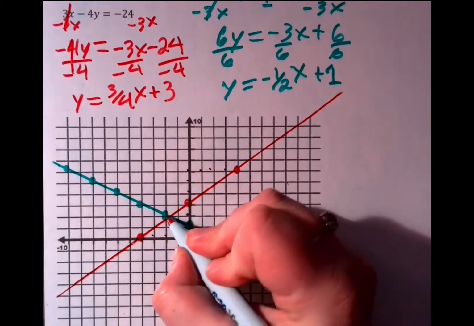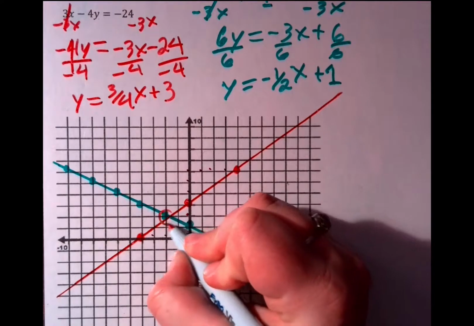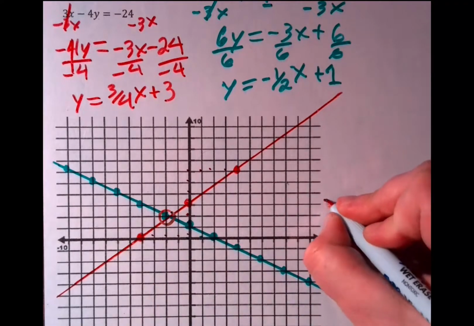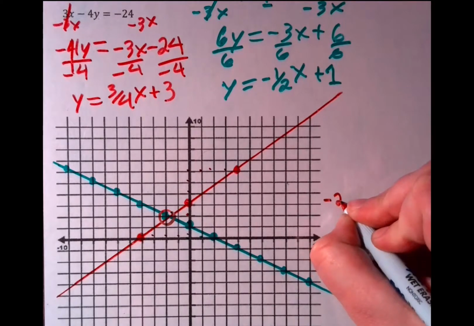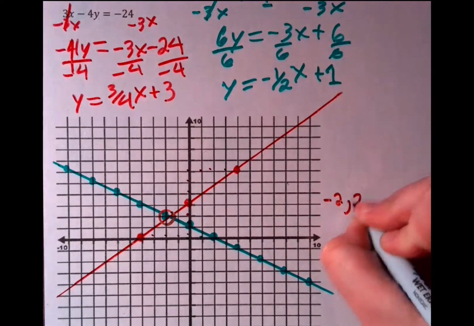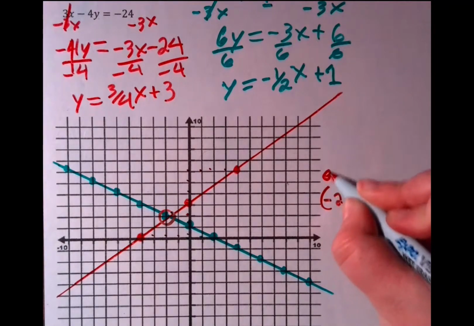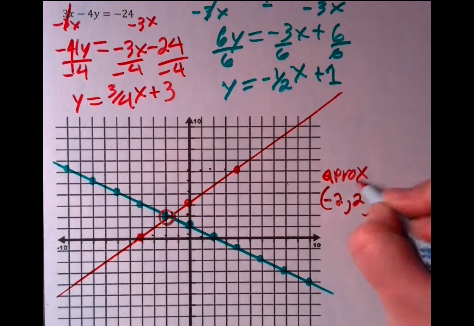We can estimate it's probably pretty close to there, which in this case will be a negative 2, positive 2 for a point, but that's only an estimation, because we're not exact there. That's why we have our other methods.